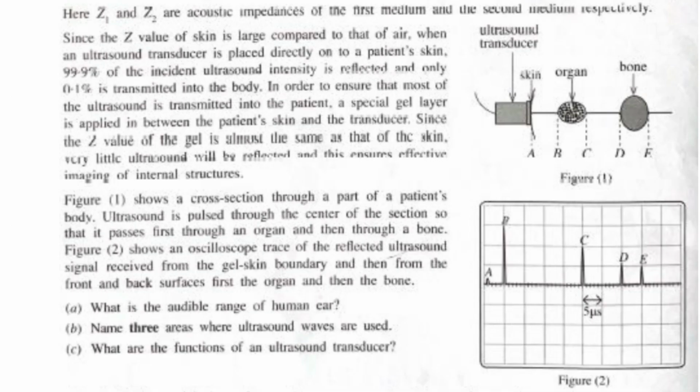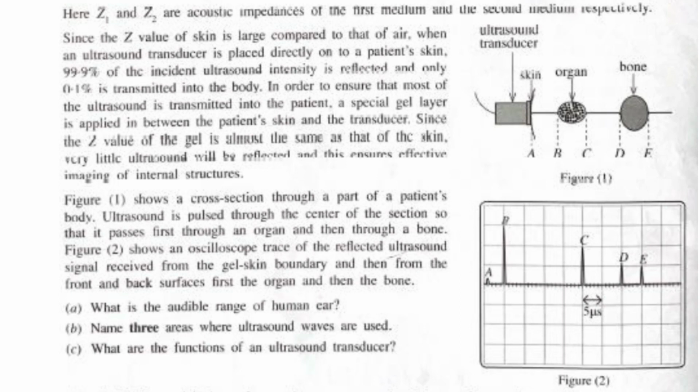Here Z1 and Z2 are the acoustic impedance of the first medium and the second medium respectively. Since the Z value of skin is larger compared to that of air, when an ultrasound transducer is placed directly onto a patient's skin, 99.9% of the incident ultrasound intensity is reflected and only 0.1% is transmitted into the body.